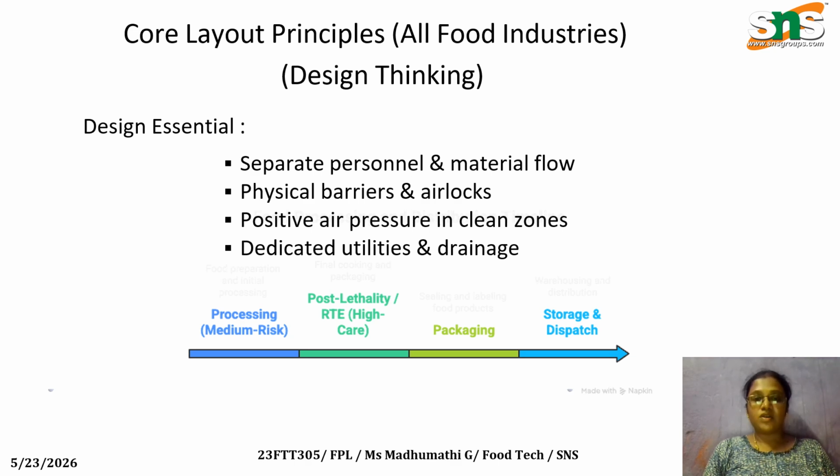There should be positive air pressure in the cleaning zones provided in any part of the industry, and dedicated utilities and a proper drainage system should be followed. And from processing till storage and dispatch, there should be high care in material handling as well as in the packaging of any type of industry.